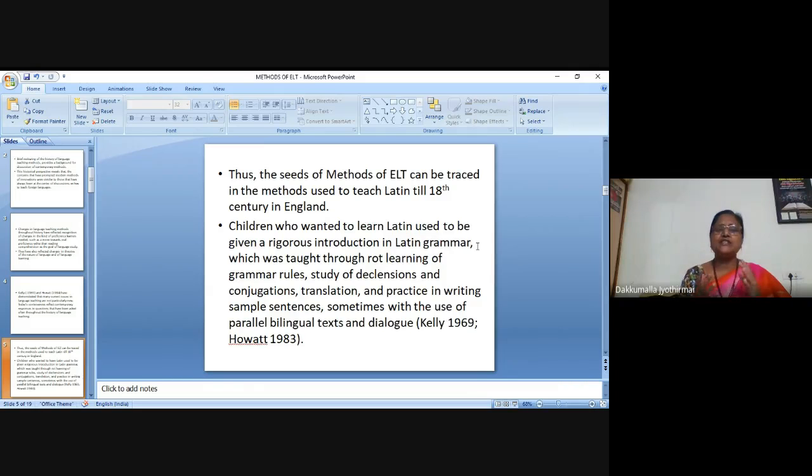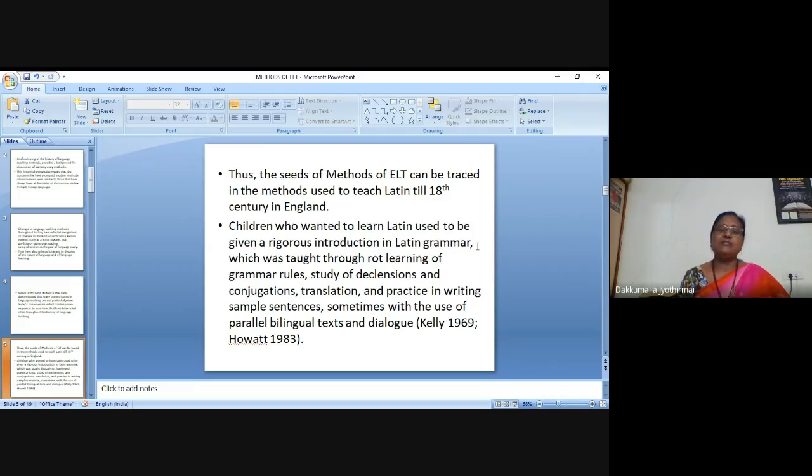And the same situation was there in England, when teachers tried to teach the Latin language to school students, and they were exposed to rigorous training in Latin grammar rules, study of declensions and conjugations, translation, and practice in writing sample sentences, sometimes with the use of parallel bilingual texts and dialogue.